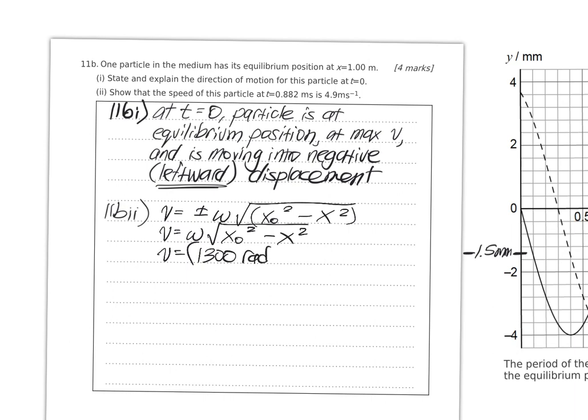I really don't need to put units in. Amplitude squared minus the displacement squared. The displacement's negative, but it doesn't really matter because it's going to be squared. So we can figure out the speed from that and rework the numbers through. We get that the speed is 4.9 meters per second, as predicted.